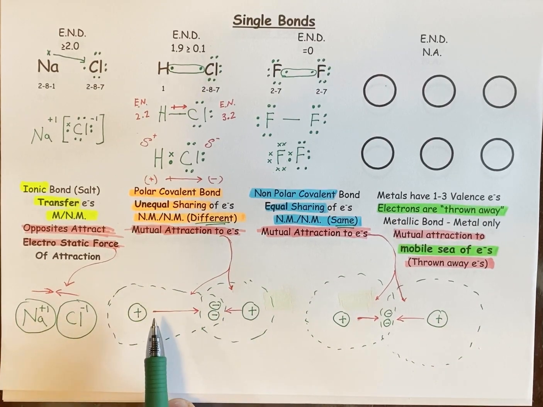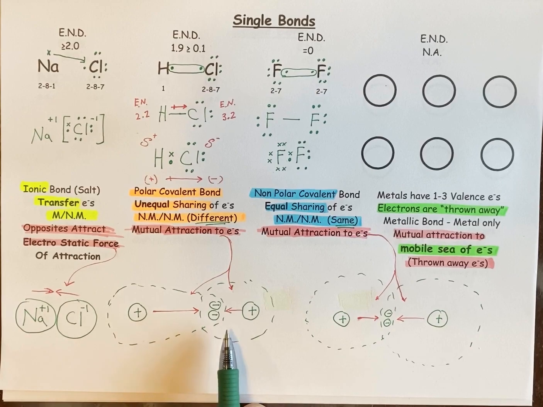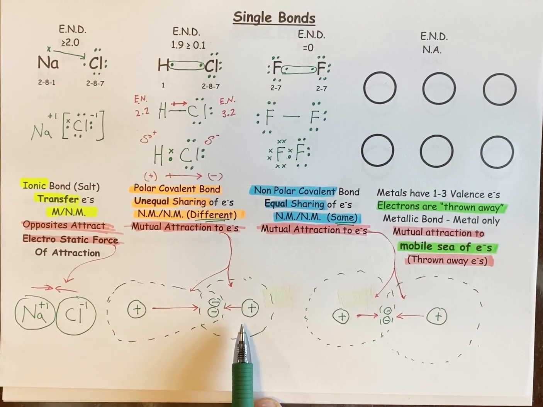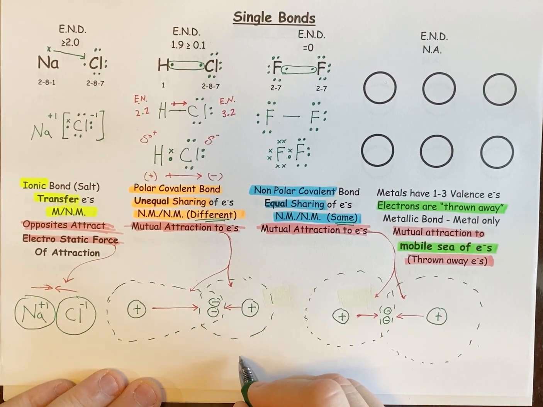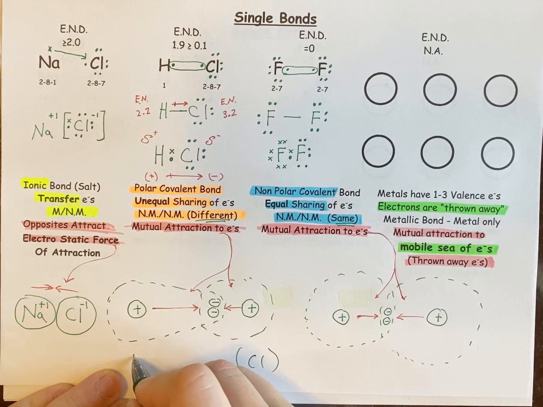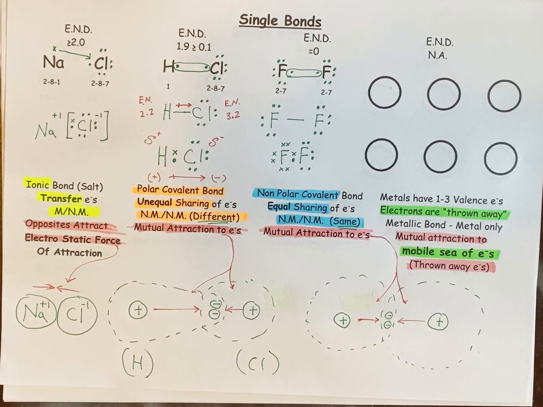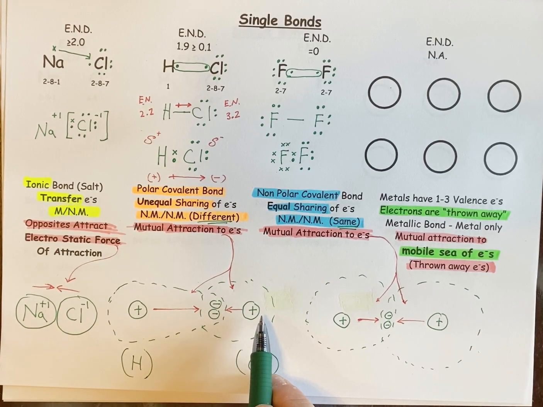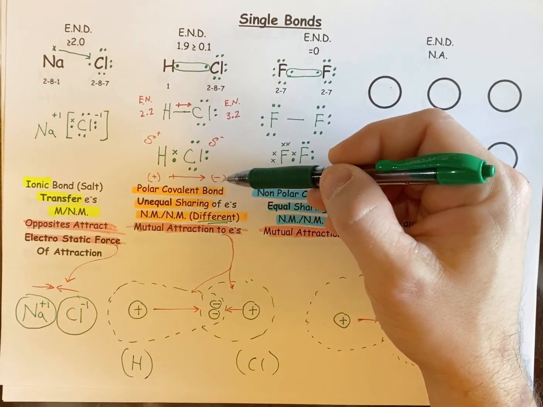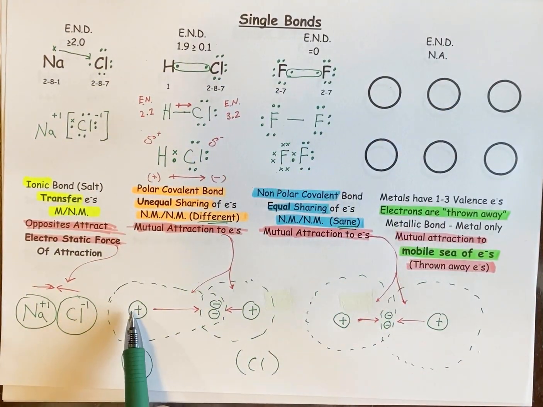So they're sharing, but if you notice, they are intentionally much closer to this element than this one, which actually tells you that this guy is the chlorine and this one is the hydrogen, because if these two electrons are closer to the right, then the right's going to have more negatives, hence the negative charge, making it this side, this one. And this one must be the hydrogen because it's not as strong, so the electrons get pulled away further. And so those are the three main types of bonds.